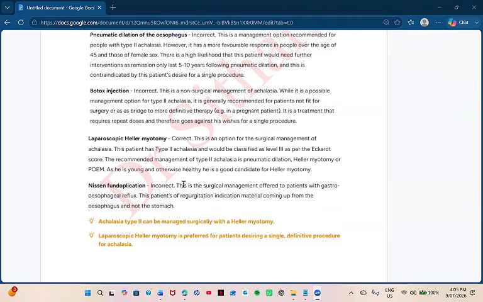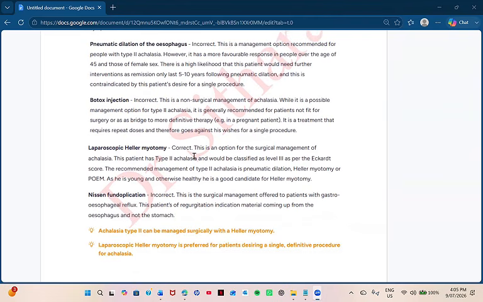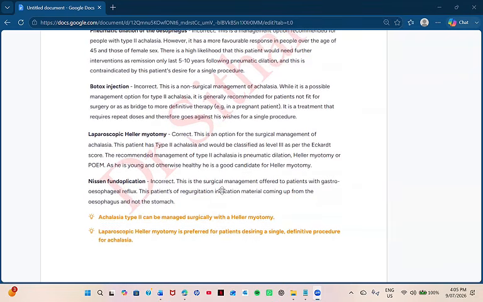He is younger and otherwise healthy, so he is a good candidate for Heller myotomy. Usually when they are just asking about management, you have to think according to the given factors, like the patient's age and severity. Then fundoplication is a surgical management offered for patients with gastroesophageal reflux, right?